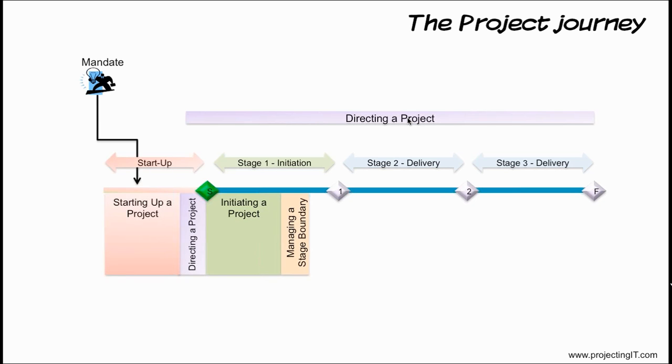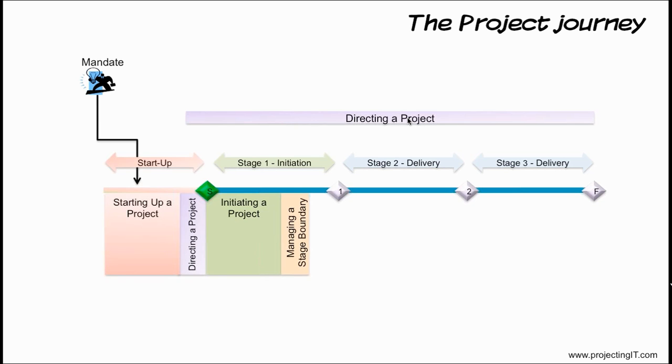Managing a stage boundary process happens before a stage starts and after the stage is over. It can also be done towards the end of the stage, except for the final stage, because at the end of the last stage we don't want to close the stage, but we want to close the entire project.